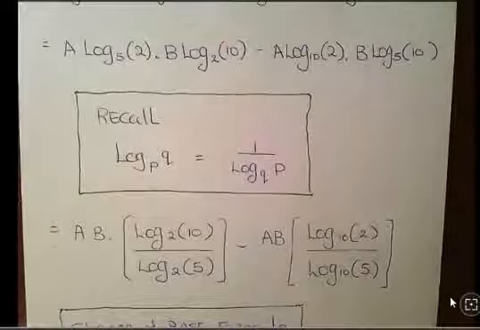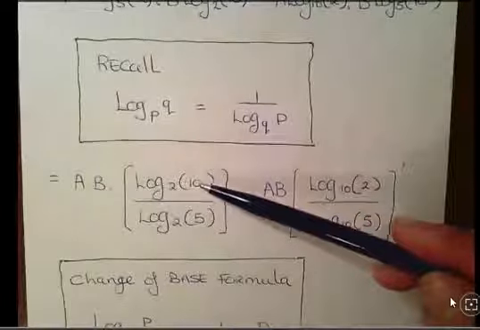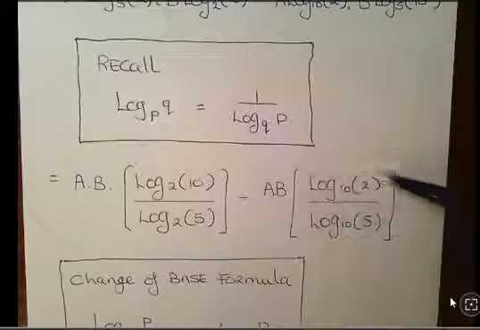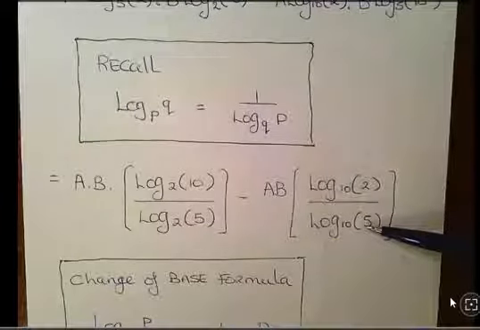So we have AB times log of 10 to the base 2 over log of 5 to the base 2, minus AB times log of 2 to the base 10 over log of 5 to the base 10.